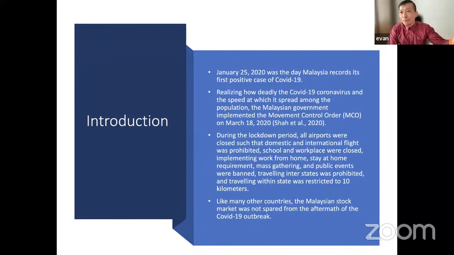We have RMCO, CMCO, and all sorts of different sets of MCO until 2021, right? We went through a number of lockdown periods, but the first lockdown was the strictest one because everything was closed. No one on the street.